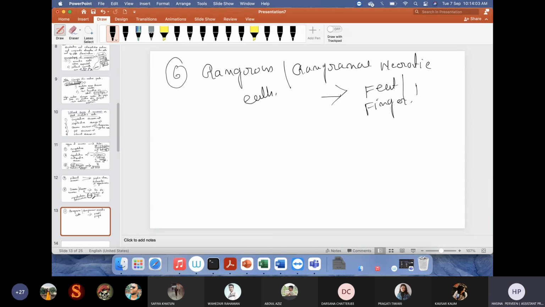That means feet finger. This is the pad. And another is the hand finger. Hand and hand finger. Okay. So last 6 gangrenous and gangrene necrotic cells.